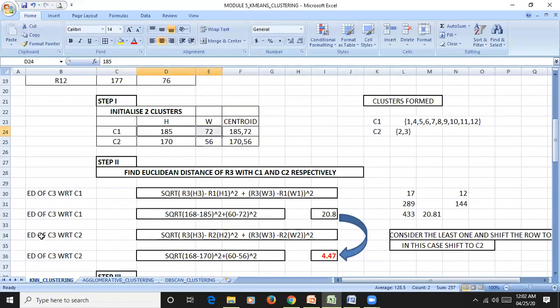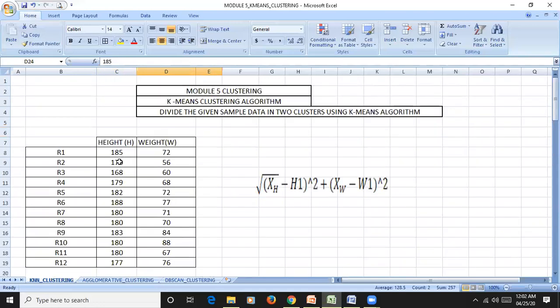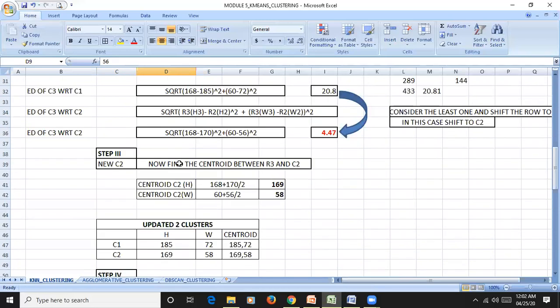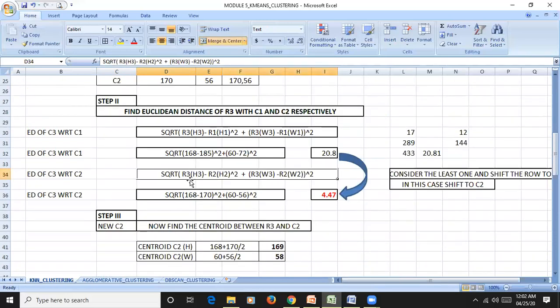Similarly, find the Euclidean distance of R3 with R2. That's 168 minus 170 the whole square, then 60 minus 56. It stands out as (R3 of H3 minus R2 of H2) the whole square plus (R3 of W3 minus R2 of W2) the whole square.